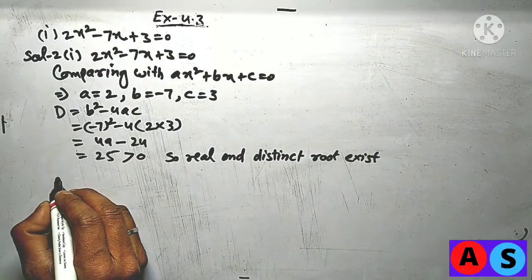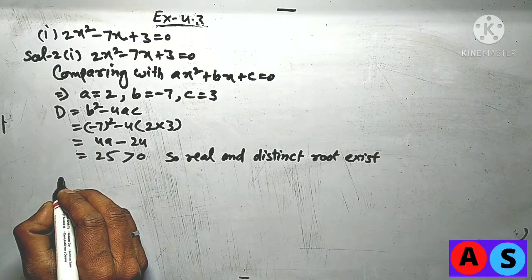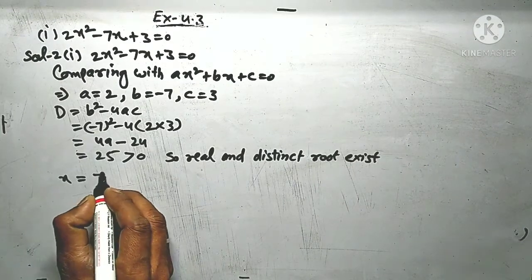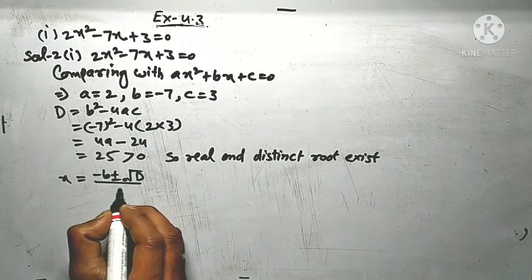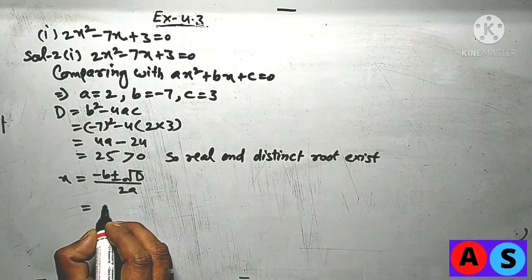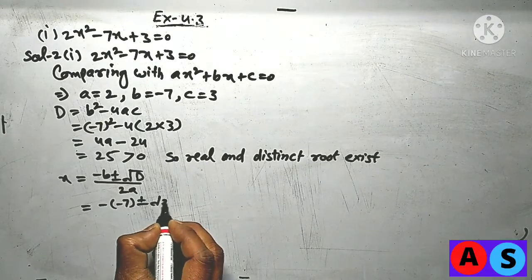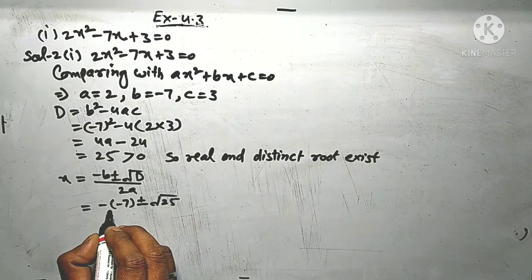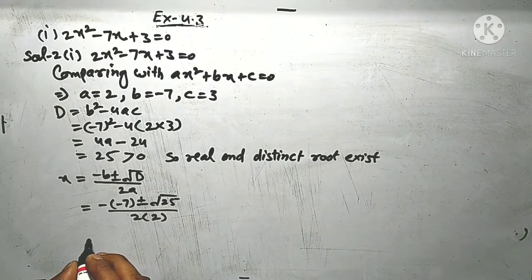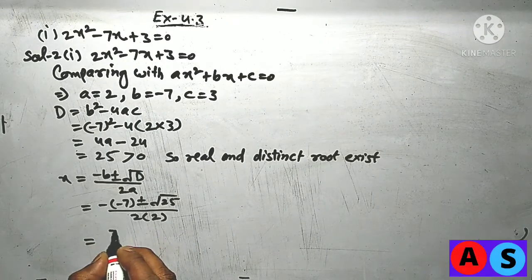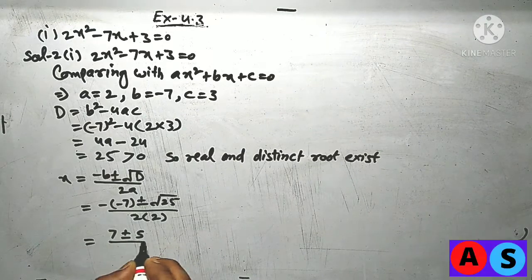Now roots of the equation is given by quadratic formula. x is equal to minus b plus minus under root D over 2a is equal to minus bracket minus 7 plus minus under root 25 over 2 bracket 2 is equal to 7 plus minus 5 over 4.